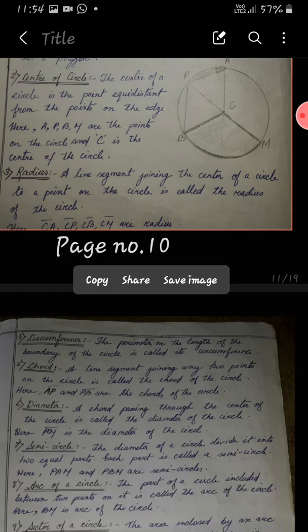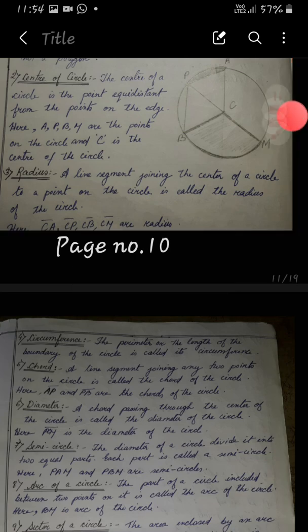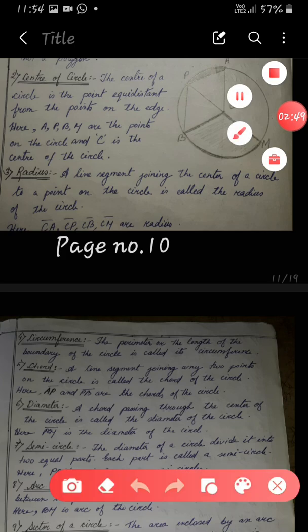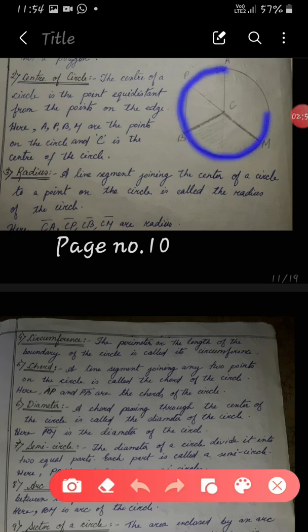Then semicircle. The diameter of a circle divides it into 2 equal parts. Each part is called a semicircle. Here PAM and PBM are semicircles. Semicircle means half of the circle. So this is a full circle. Since the diameter is already there, we divide it this way.